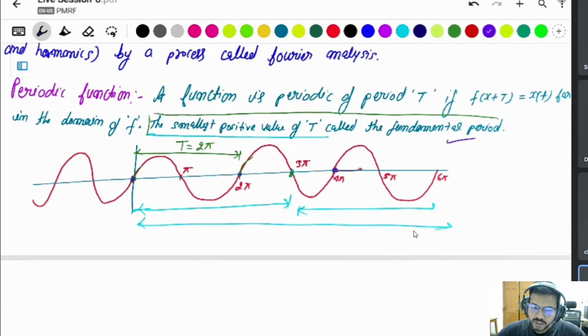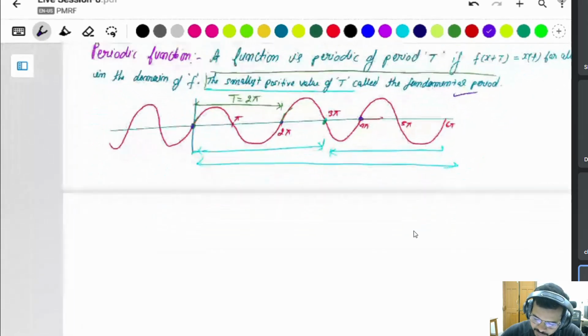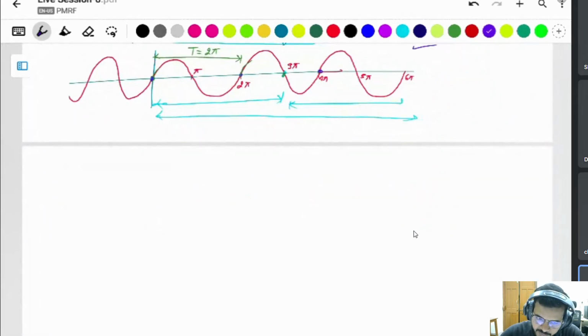Fourier series representation is basically in three ways. First one, the trigonometric Fourier series representation.